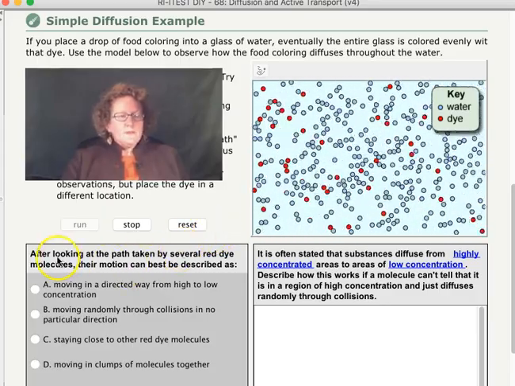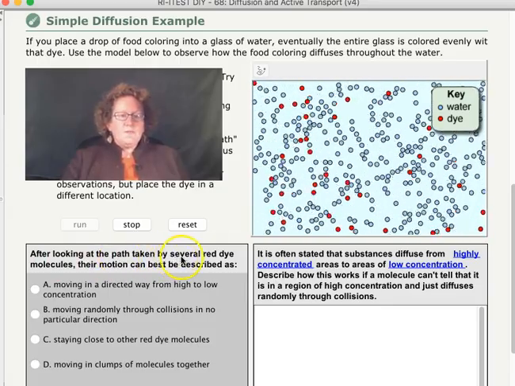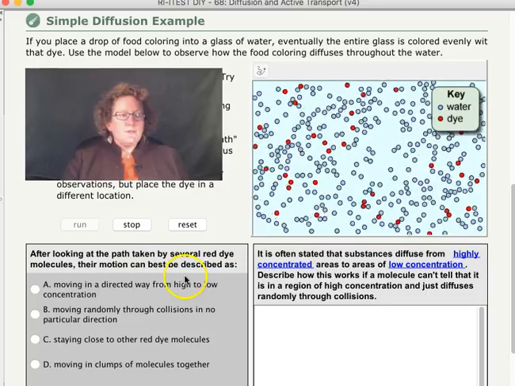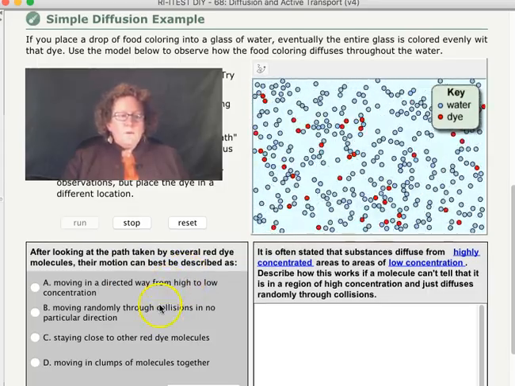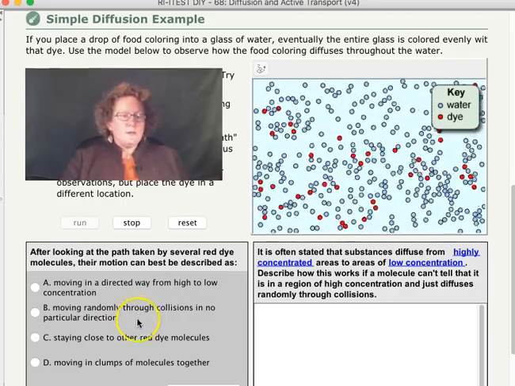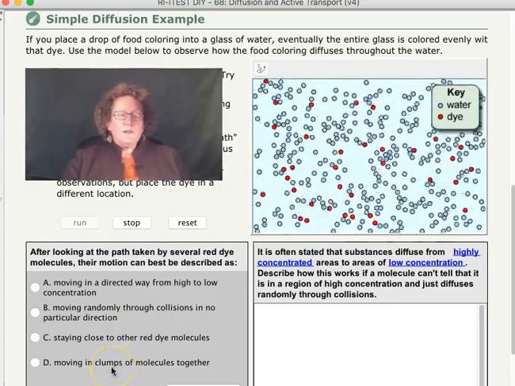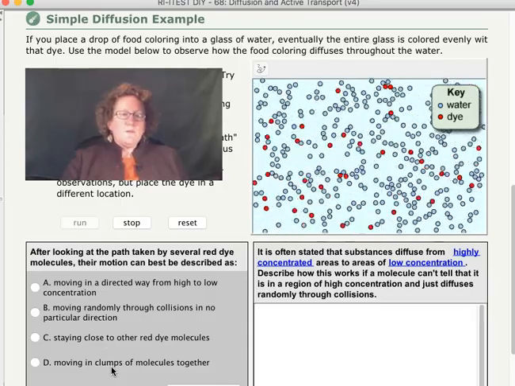So let's answer the first question here. After looking at the path taken by several red dye molecules, their motion can best be described as moving in a directed wave from high to low, moving randomly through collisions in no particular direction, staying close to other red dye molecules, or moving in clumps of molecules together. I'll let you decide what the best answer is.